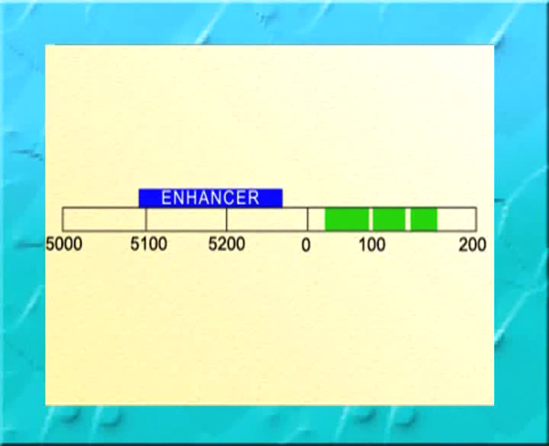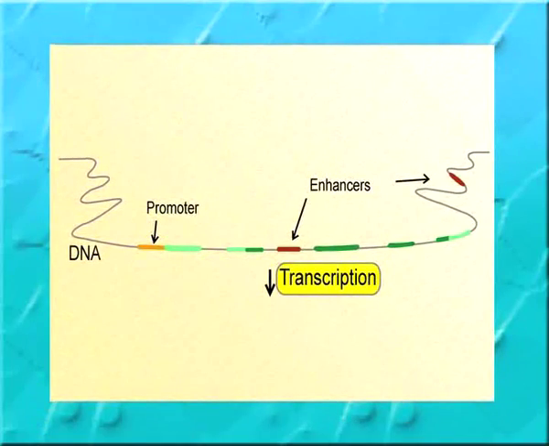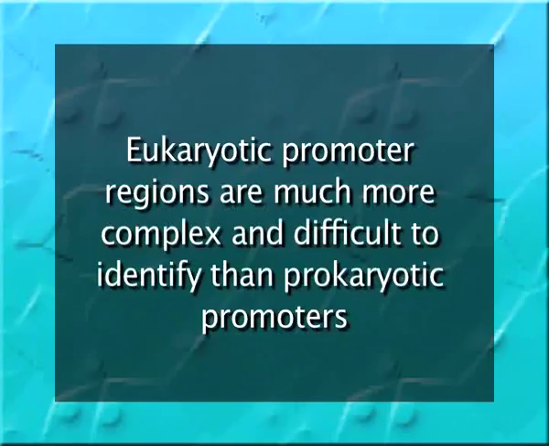This is because the transcription machinery binds to them and initiates transcription less frequently. Other possible regulatory regions include enhancers, which can compensate for a weak promoter. Eukaryotic promoter regions are much more complex and difficult to identify than prokaryotic promoters.